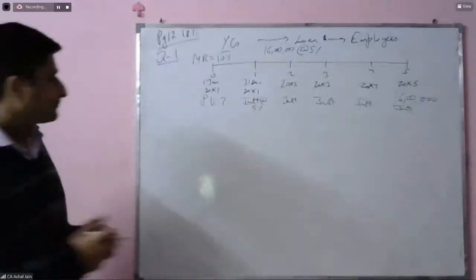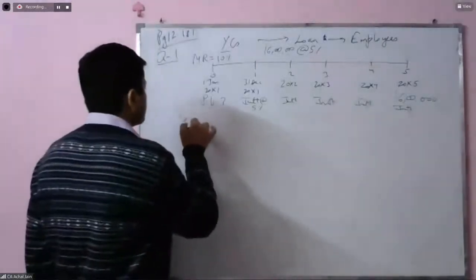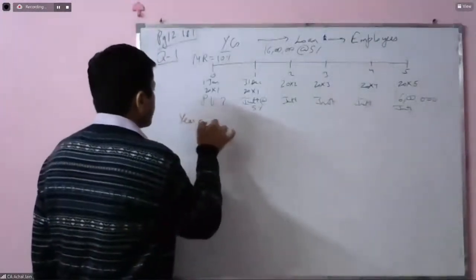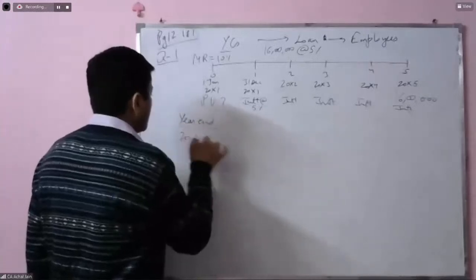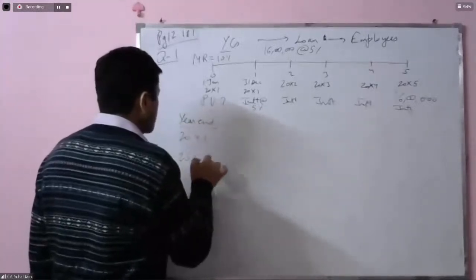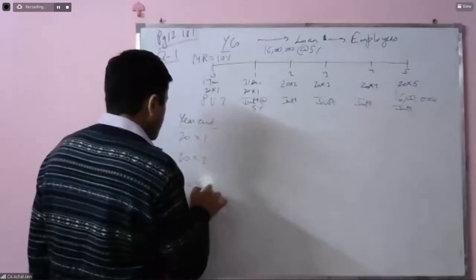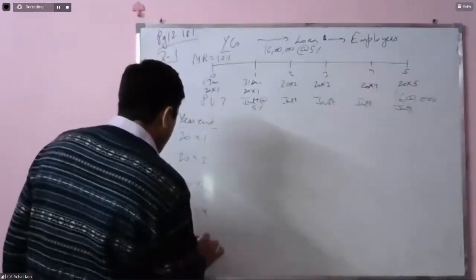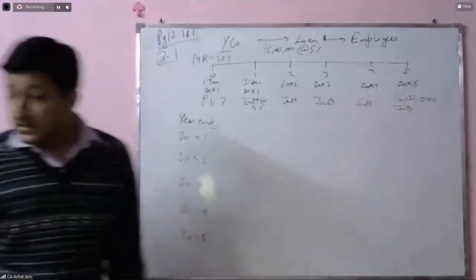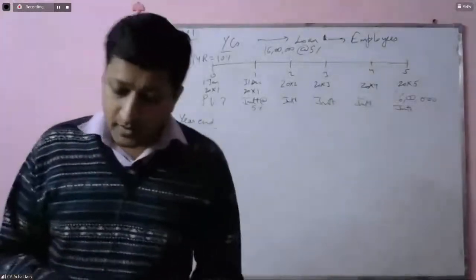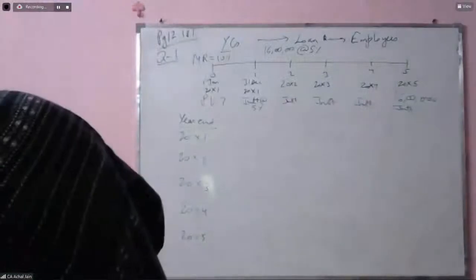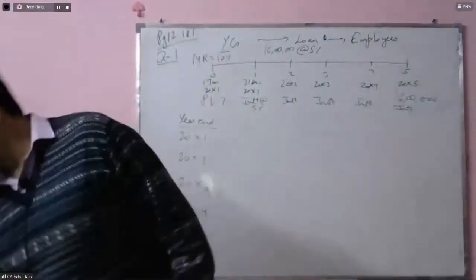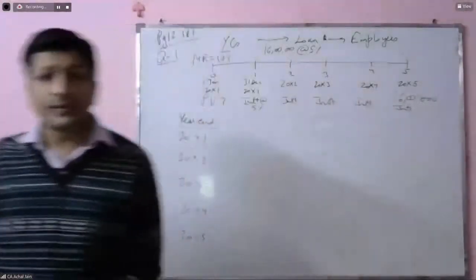So we have the year ends, 2000 x1, 2000 x2, 2000 x3, 2000 x4, 2000 x5. I suggest all of you please solve this independently. You should not follow me.